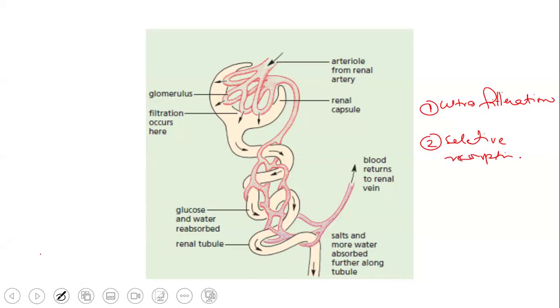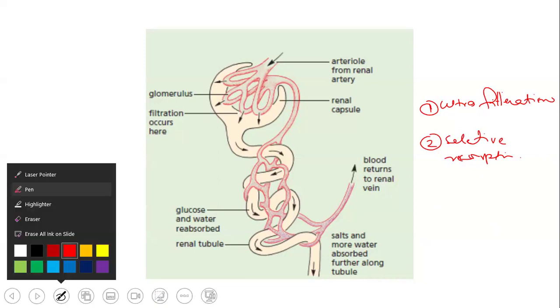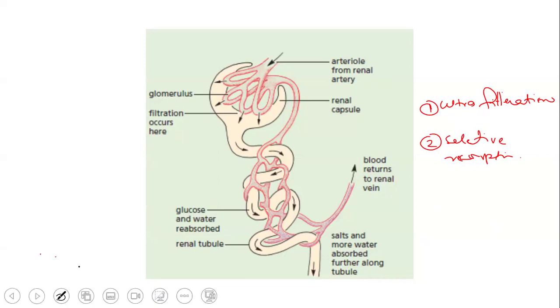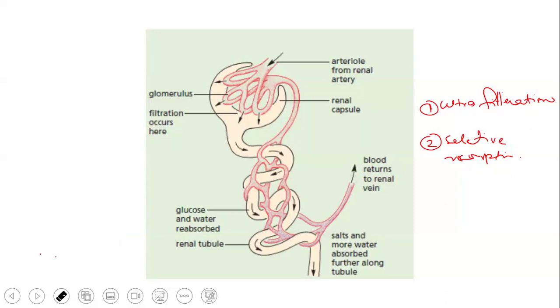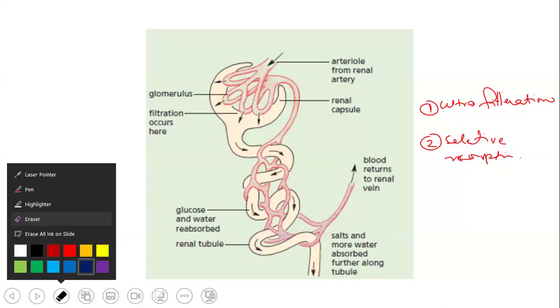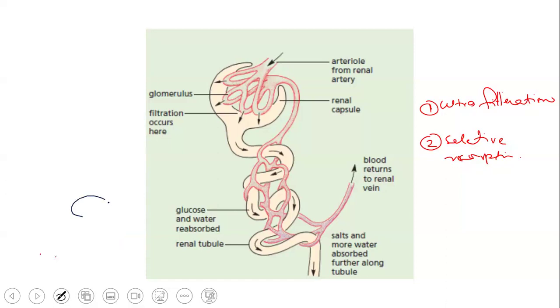Right? Now, what happens in ultrafiltration? Ultrafiltration happens in the Bowman's capsule. Inside the Bowman's capsule, I have a bunch of capillaries all condensed together. The blood coming in all of these capillaries is under really high pressure. And obviously, you know that the capillaries have a really small lumen.